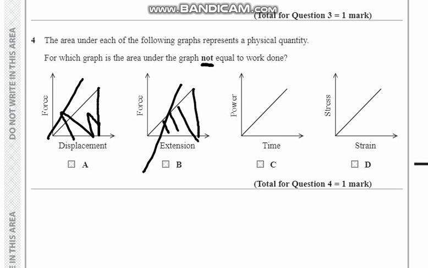And power against time does show work done under the graph, so that's definitely not the answer. But if you know that for the stress against strain graph, the area under the graph shows the Young modulus, then that's D, and D is our final answer.